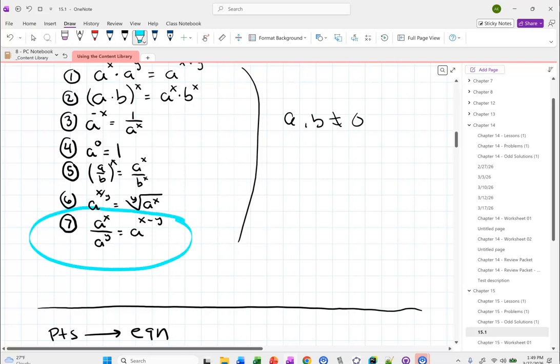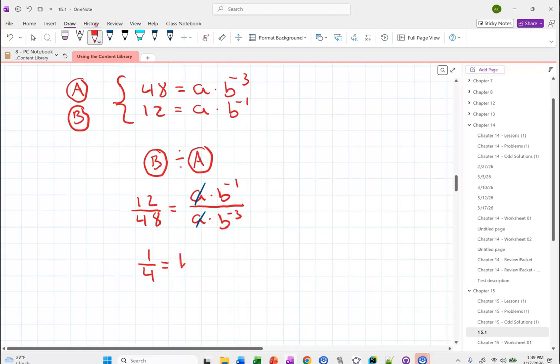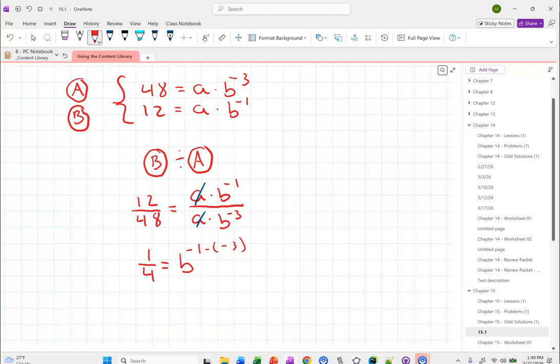They have the same base, so if I'm dividing them, I can subtract the exponents. Yup. So what's -1 minus a -3? 2. So how am I going to cancel out that 2 in the exponent?